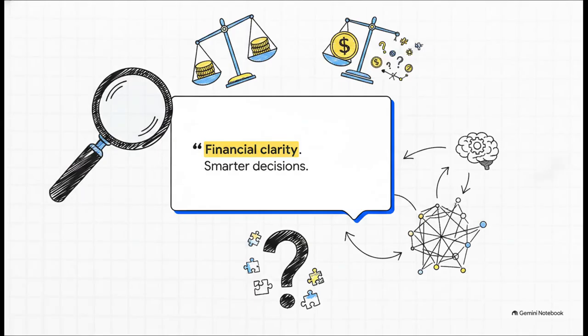Which brings us right to our final thought. Financial clarity leads to smarter decisions. Look, EBITDA is a fantastic tool to have in your analytical toolbox, for sure, but only provided you know exactly what it measures and, more importantly, what it misses. So the next time you see a company boasting about their record-breaking EBITDA, ask yourself, are you seeing their true financial health, or are you just looking at the part of the story they want you to see?